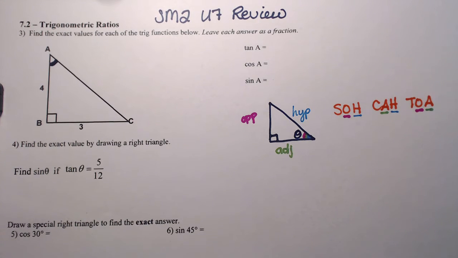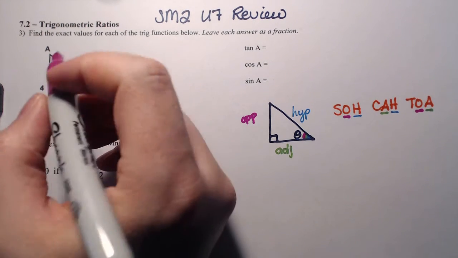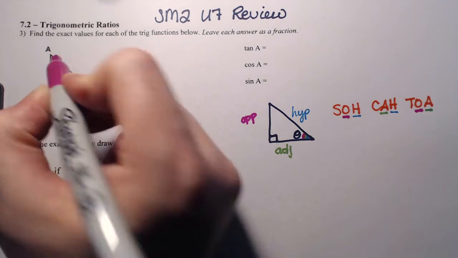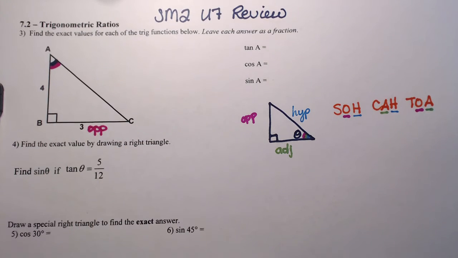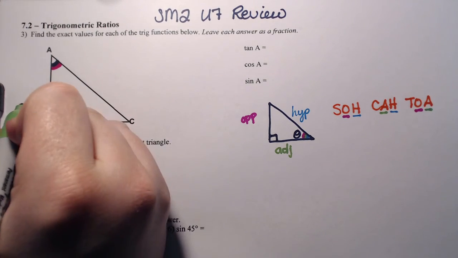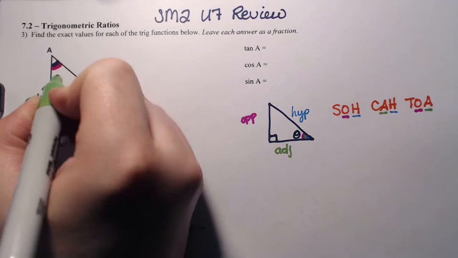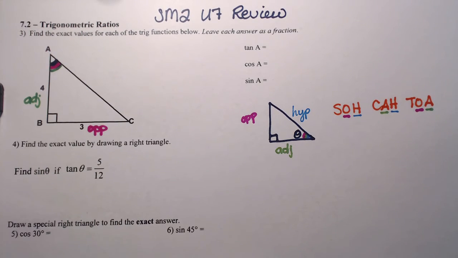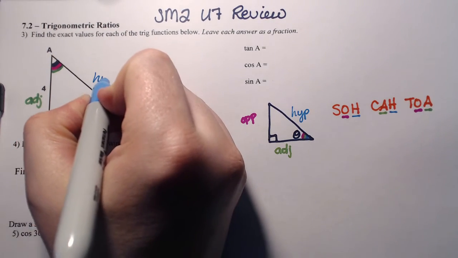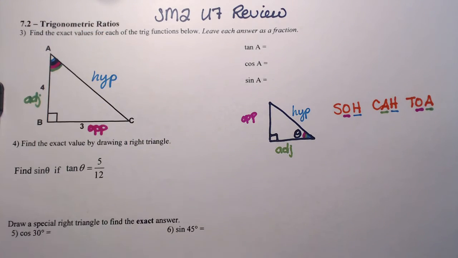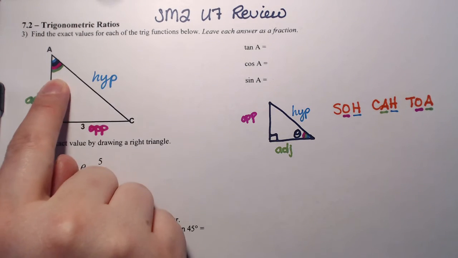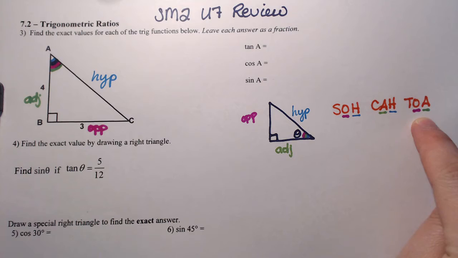And in relation to that angle, looking at that angle, this is the opposite side, this is the adjacent side, and this is the hypotenuse. So, if I say tangent of that angle, I know I need opposite over adjacent.